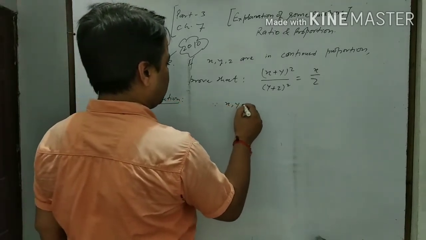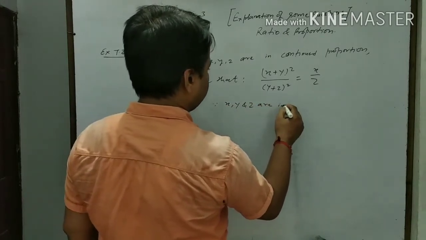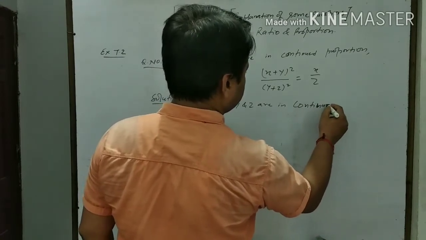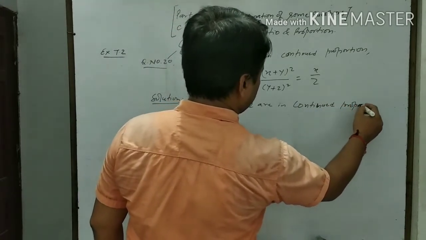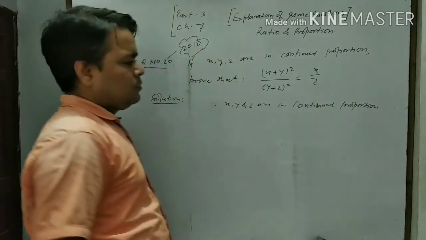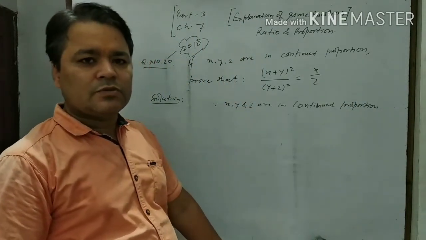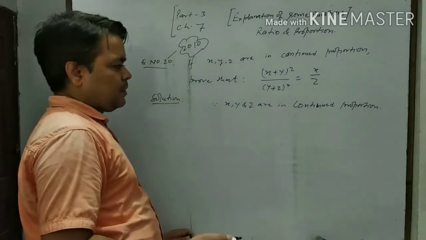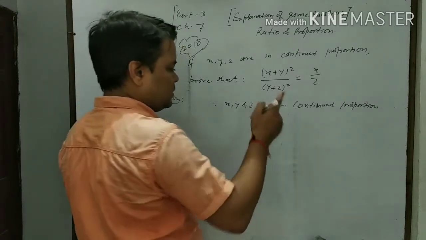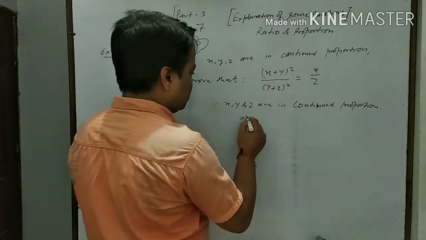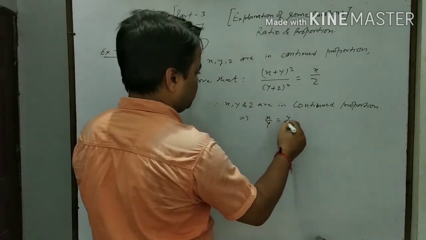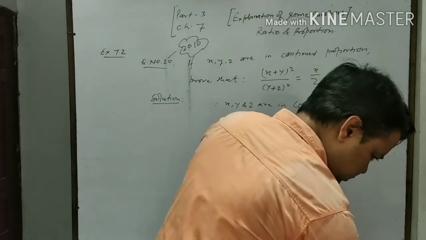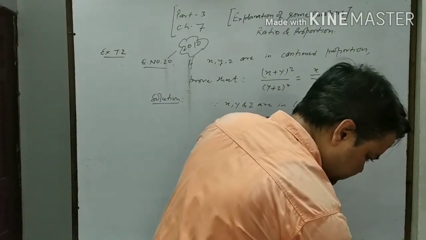Since x, y, and z are in continued proportion, in our last video we discussed what a continued proportion is. I think you remember that. If x, y, z are in continued proportion, then x upon y is equal to y by z.